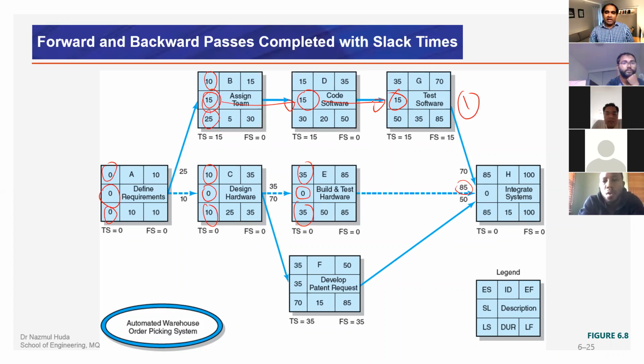So this is the total slack within the entire chain 1. We have about 35 days for chain 3, and this is chain 2, which is the critical path. So using the forward pass and the backward pass, we have a completed project network diagram with the slack times that shows the total slack.